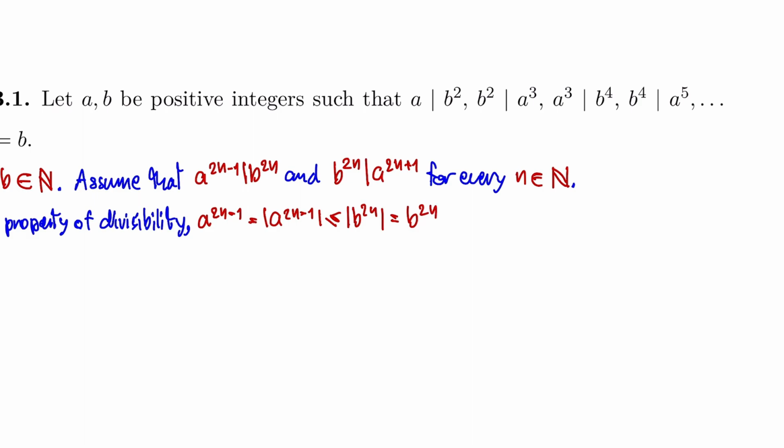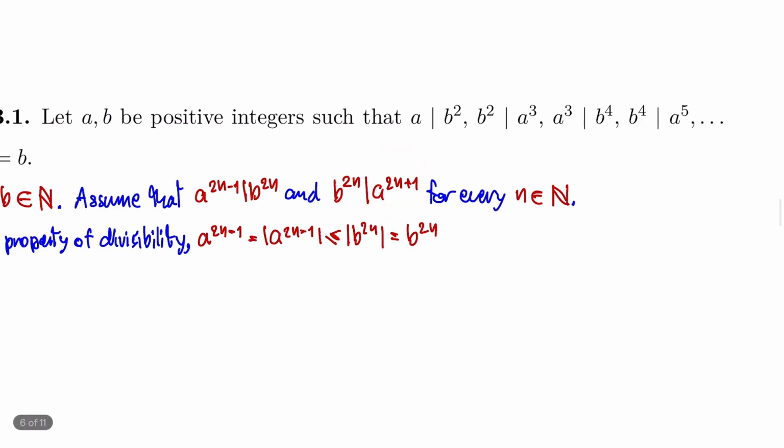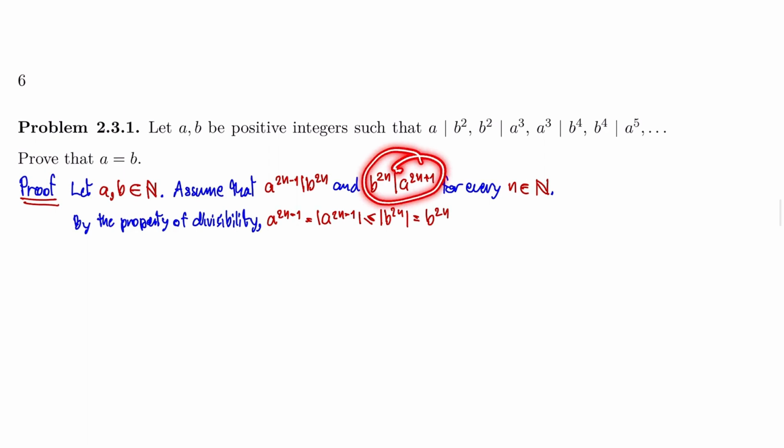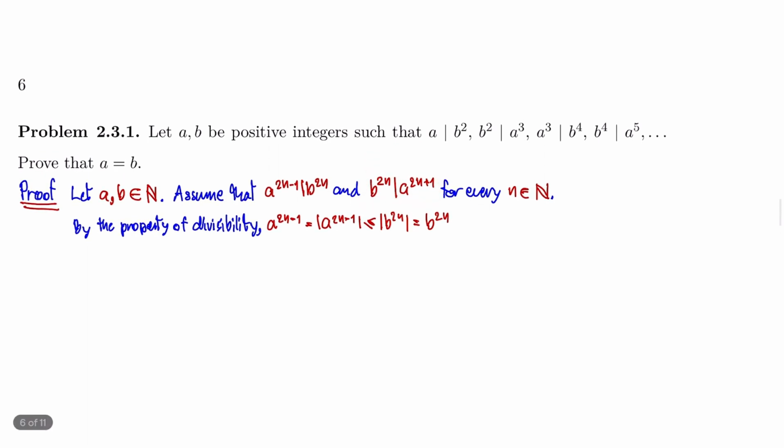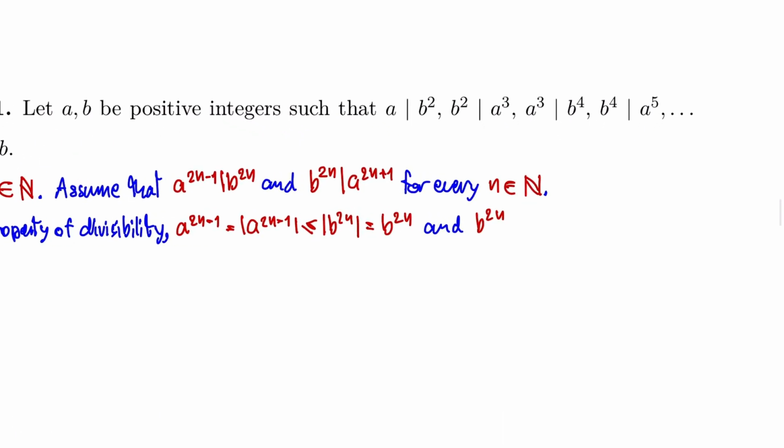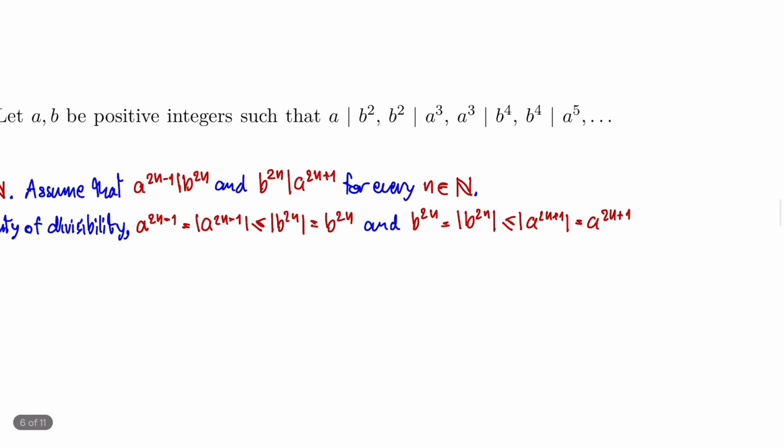For this one, we also use the property of divisibility. So we have b to the 2n, which is the absolute value of b to the 2n, less than or equal to the absolute value of a to the 2n plus 1, for every positive integer n.